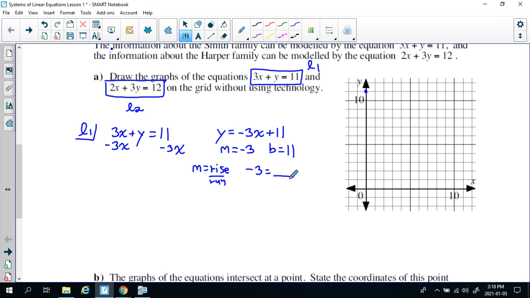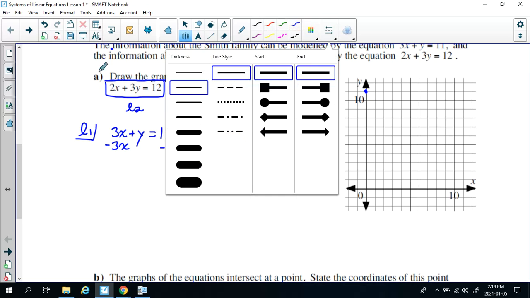We can pick whatever values of rise and run we want, as long as the rise divided by the run is equal to negative 3. So I'll just pick negative 3 over 1. I'm going to plot a rise of negative 3 and a run of positive 1.